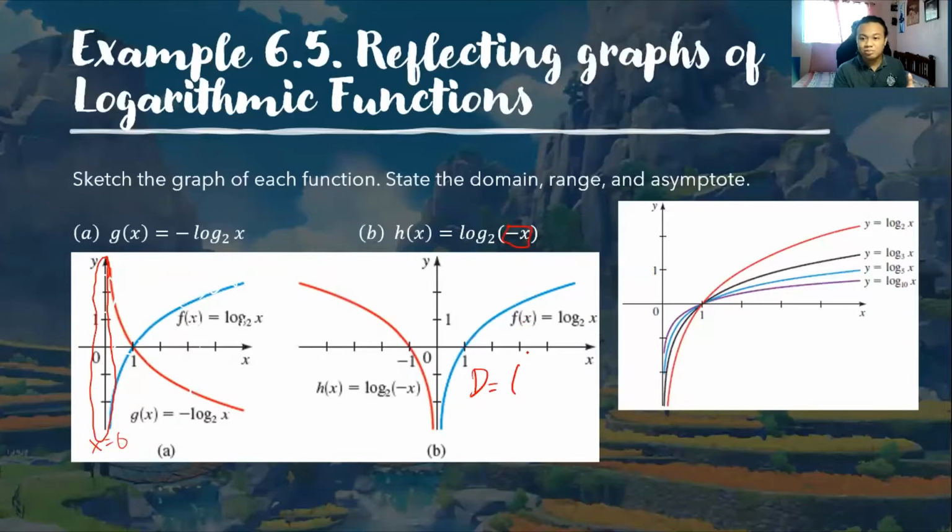So we will have to put negative numbers inside. This is the domain in interval notation. And then our range is all real numbers again, the set R of all real numbers. And for the asymptote, do you see an asymptote here? It's the same actually.